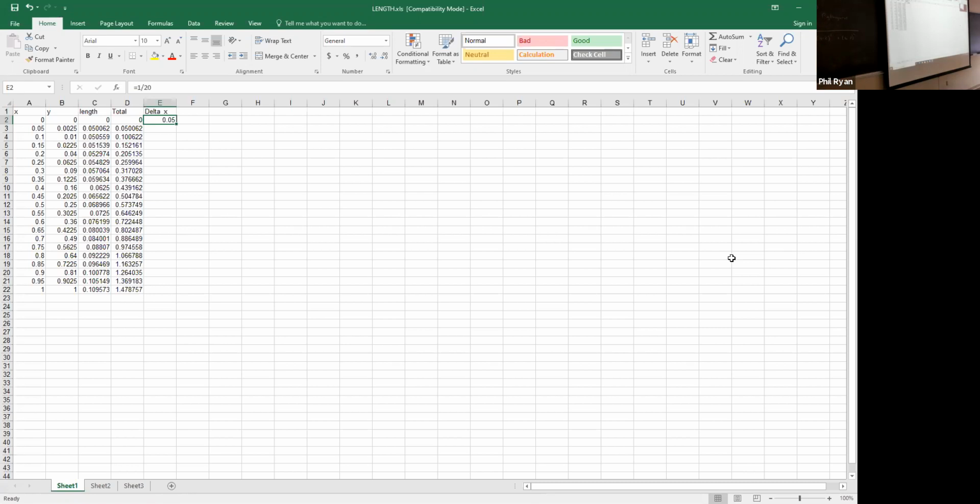Now, a famous result from ancient classical Greece: Archimedes wanted to figure out the circumference of a circle. And he had a very clever idea.